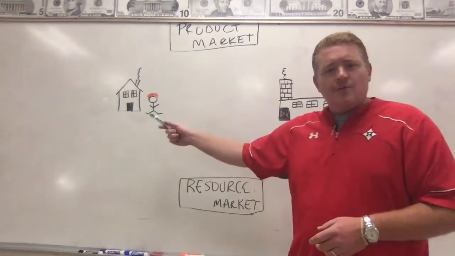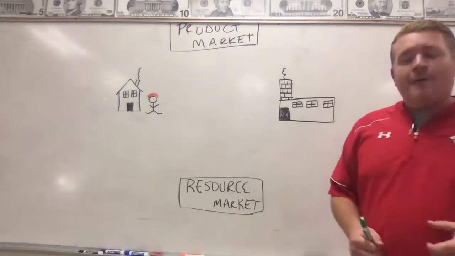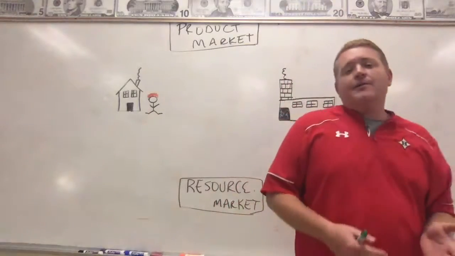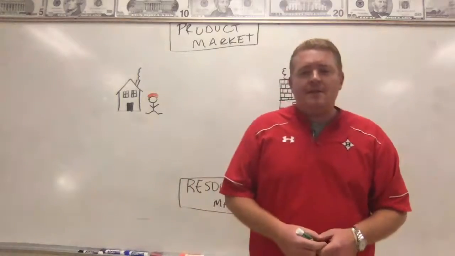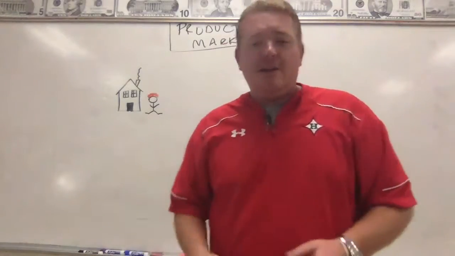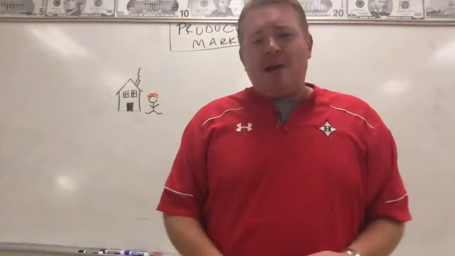You have households off doing their thing, and businesses over here doing their thing. Whenever you need to buy something, more than likely you're buying it from a business that is producing something, but of course they need to sell it, and they're going to sell it to households.